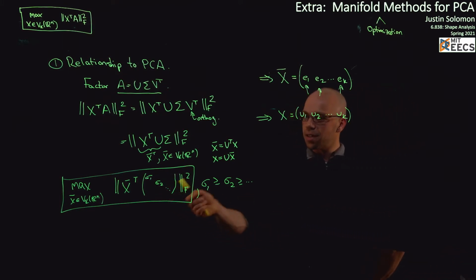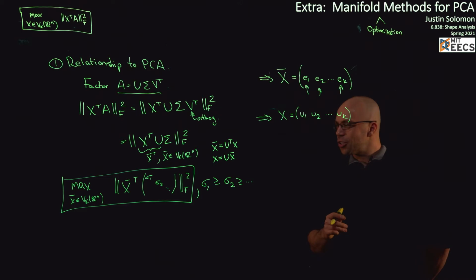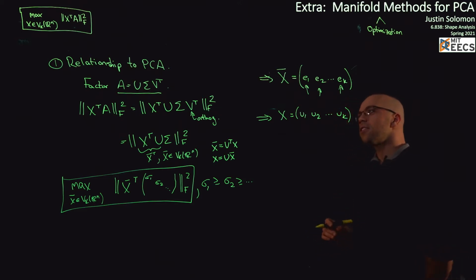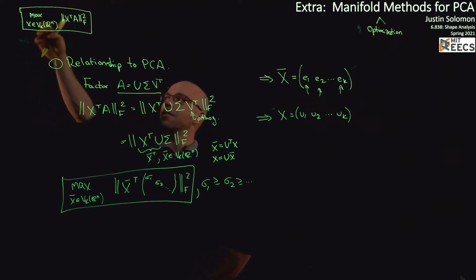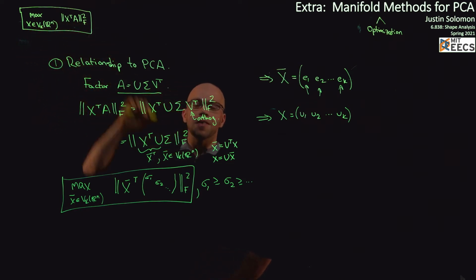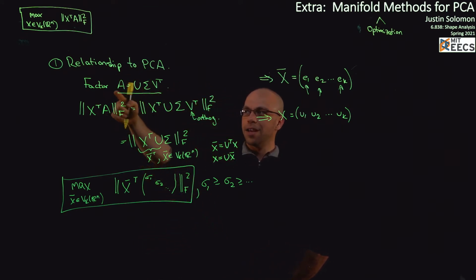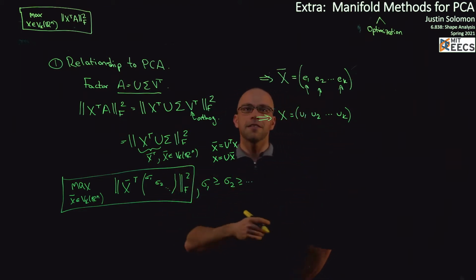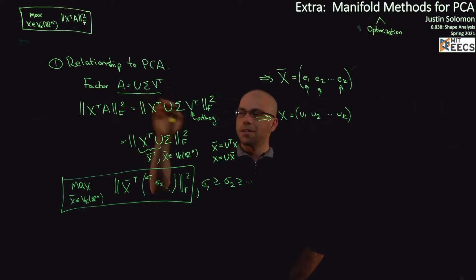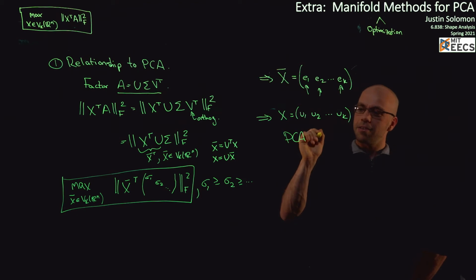Okay, so essentially, this argument, which I admittedly zipped through a little bit, is intended to show you that if you start with this optimization problem, where you're maximizing over x in our manifold V_k this x transpose A quantity, then just by plugging in the SVD of A, you can convince yourself that x is just comprised of the top k singular vectors of A, which is exactly the PCA directions that you know and love from statistics or linear algebra.